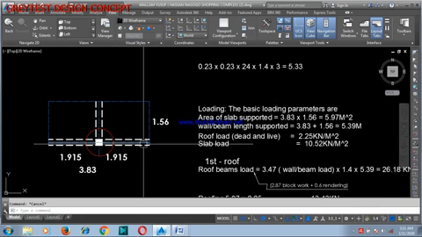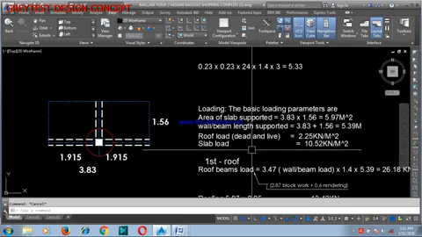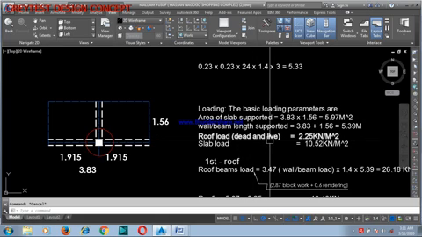it gives you 5.39. Now the roof load has to do with both the dead load and the live load. For the dead load of the roof, we are talking about the felt and the screed.